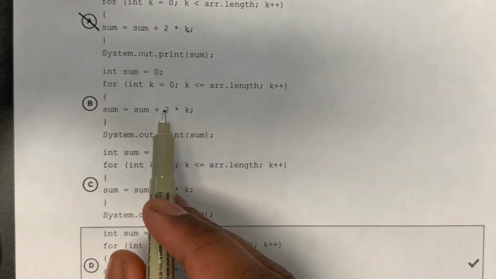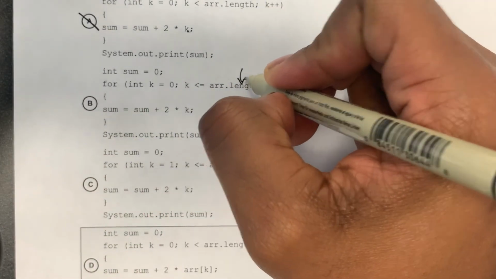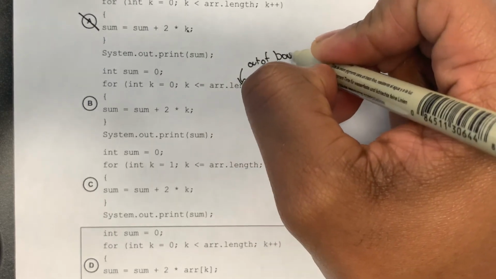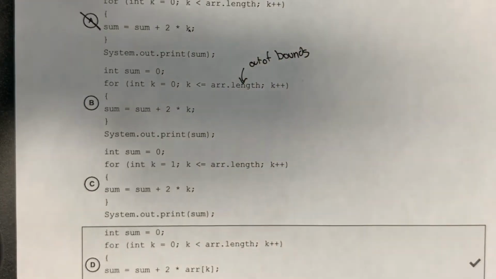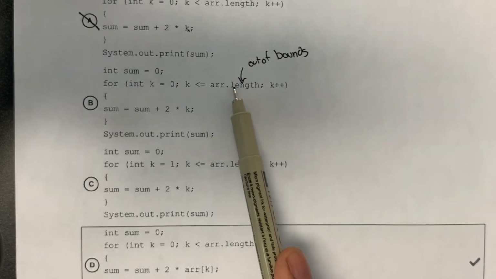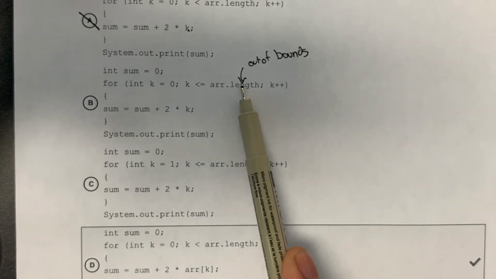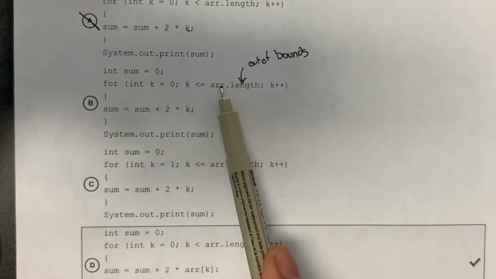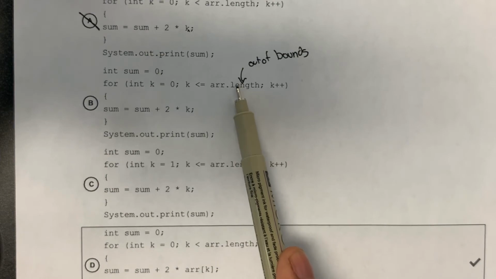B is kind of the same thing, except this would result in an out of bounds. Because if we have an array that has 8 elements, then array.length is going to be 8, but arrays are 0 indexed. So when this tries to get to ARR position 8, that's not going to work.